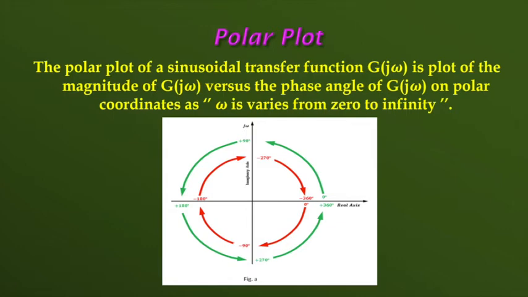Polar plots capture the behavior over the entire frequency range in a single plot. An approximate polar plot can be drawn quickly, and polar plots can be used for stability studies of control systems.